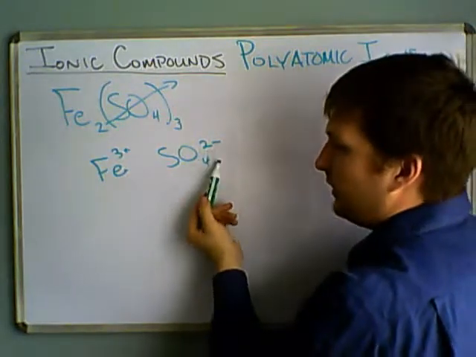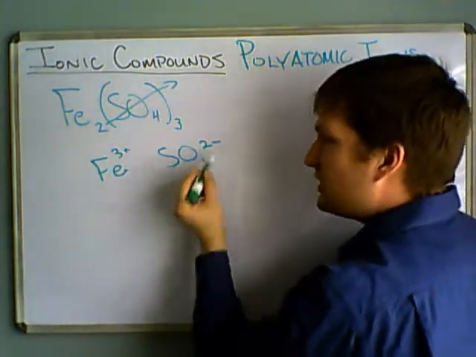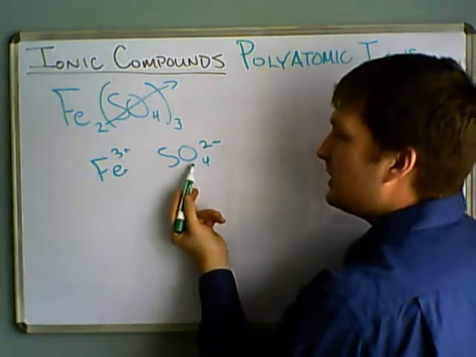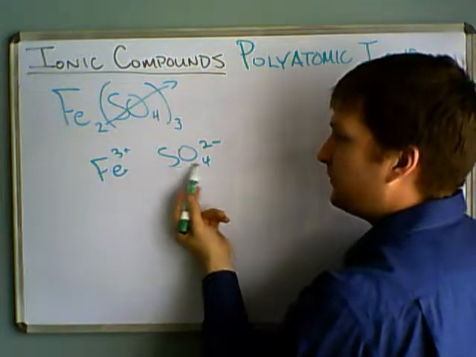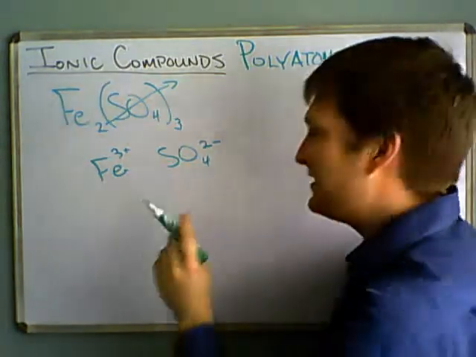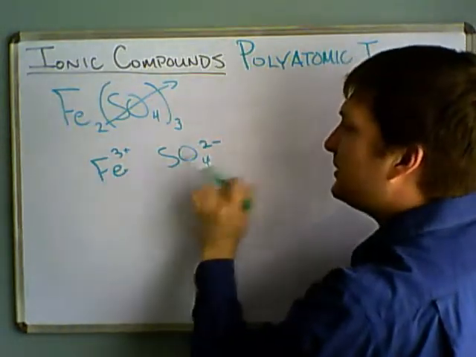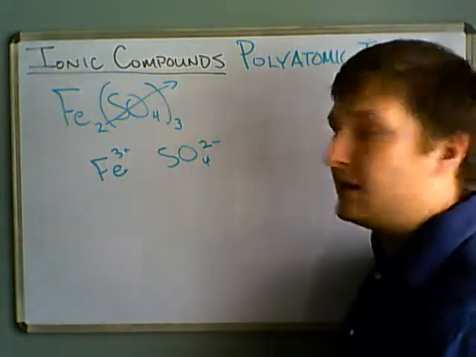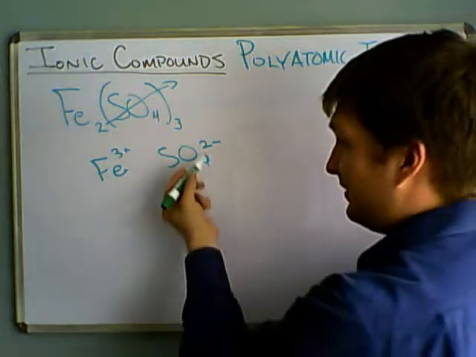Then you really should double check at this point. Once you've broken it up like this, ask: does this ion actually have a charge of 2-? If you reference it, you'd see that it's the sulfate ion, and yes, it does.